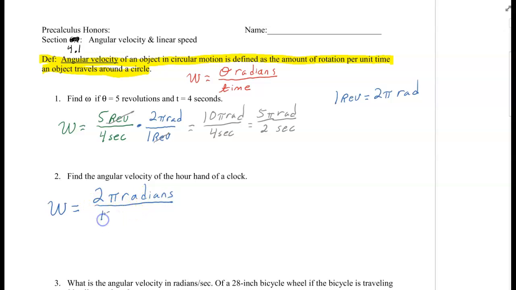Well, it takes 12 hours to go around for the hour hand. So this reduces to pi radians per 6 hours. So if you think about this, that means it's 30 degrees, because pi over 6 is 30 degrees. So the hour hand rotates 30 degrees every hour.